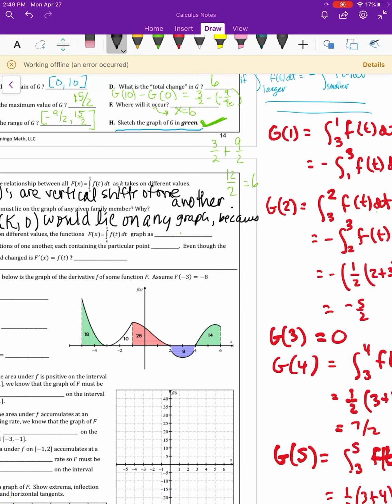Because when the lower bound is k, the area from k to k is 0.